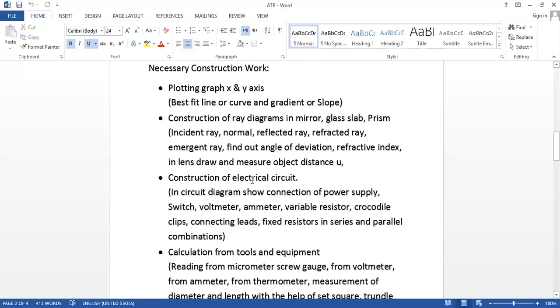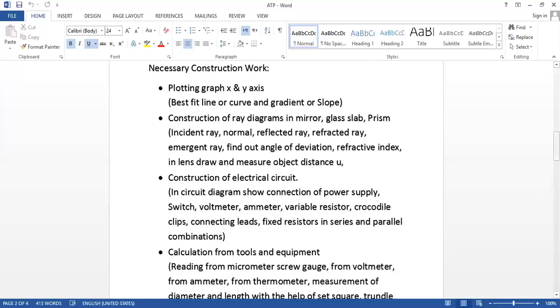Next, construction about electrical components, electrical circuits. Make connection of voltmeter, how to connect voltmeter, how to connect ammeter. Make a circuit diagram of variable resistor with fixed resistor, and how to connect crocodile clips. You must know how to connect a series circuit, how you connect a parallel circuit. You must know all these things.